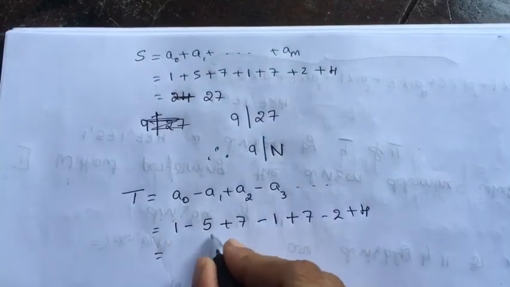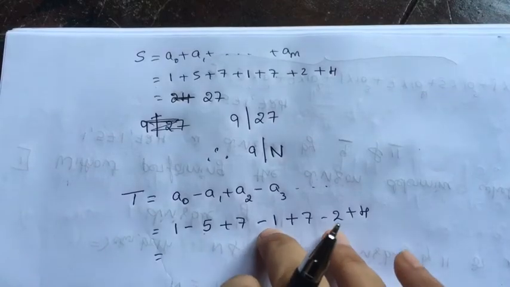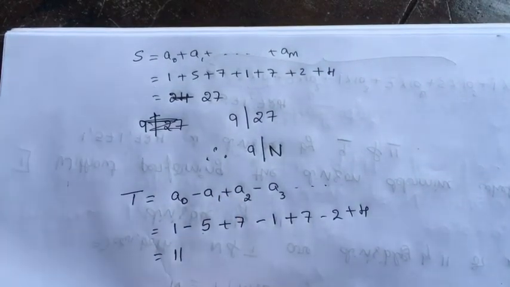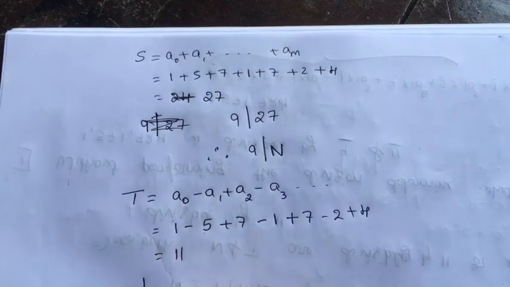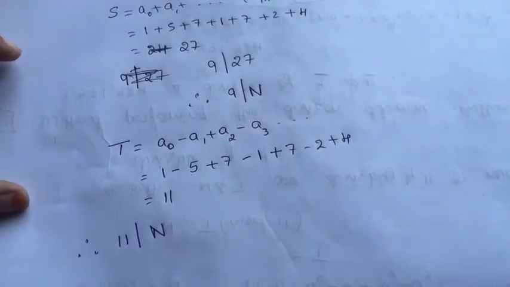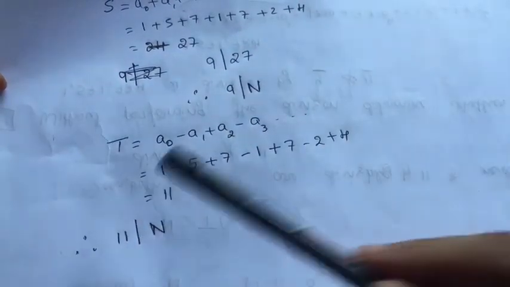So minus 4 plus 4 will get cancelled. 14 minus 3, it is 11. 11 divides t, therefore I can say 11 divides n. So the number n is divisible by both 9 and 11.